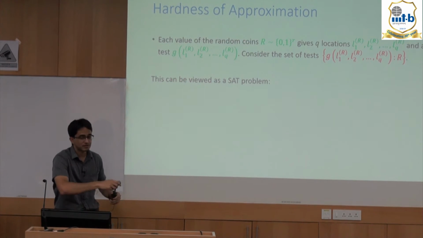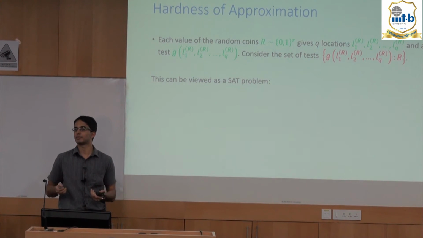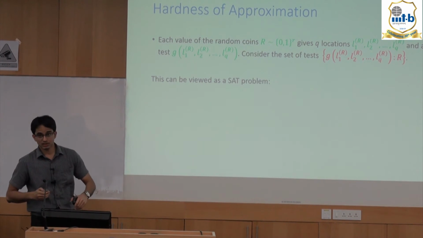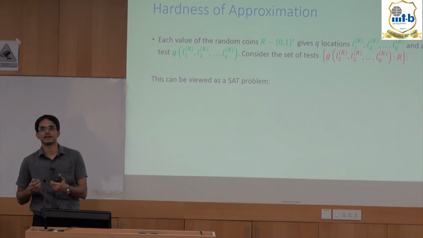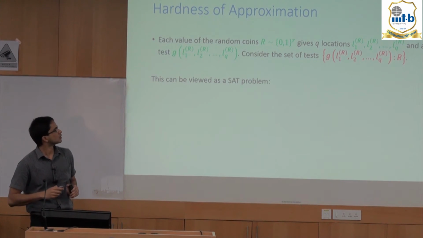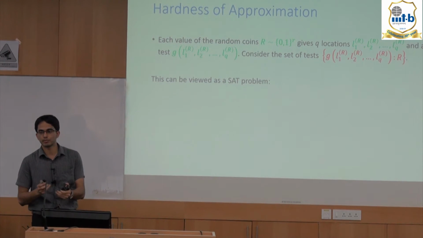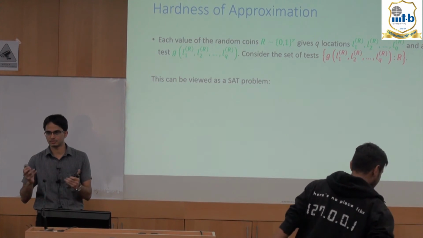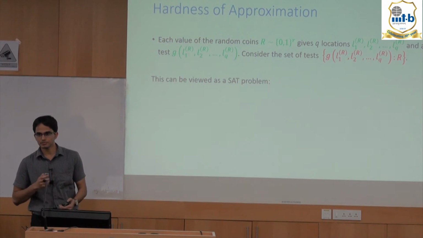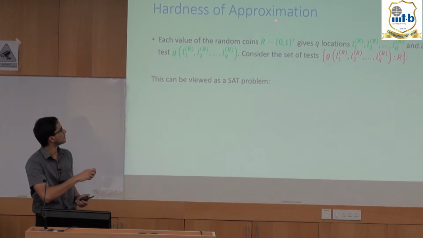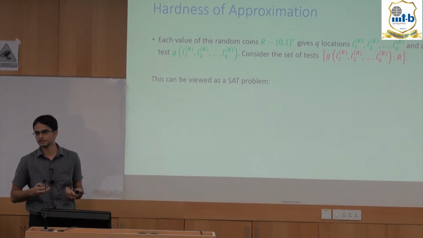This multi-set of tests can be viewed as a SAT problem in itself. Why is that? The prover is trying to convince the verifier that the SAT problem has a solution, so the prover wants to give a proof such that the verifier will accept it with high probability. The prover doesn't know what question the verifier is going to ask, because that is based on these random coins.